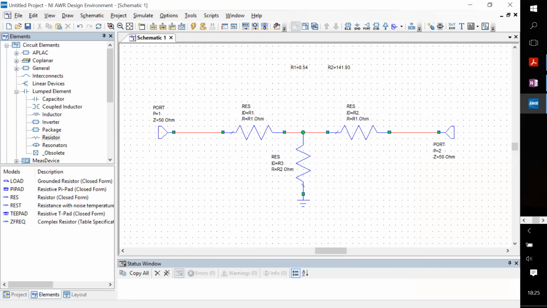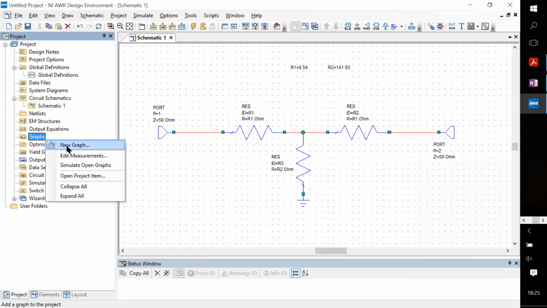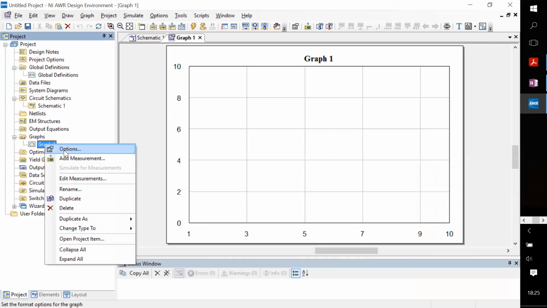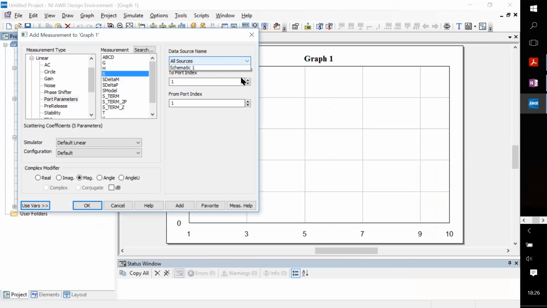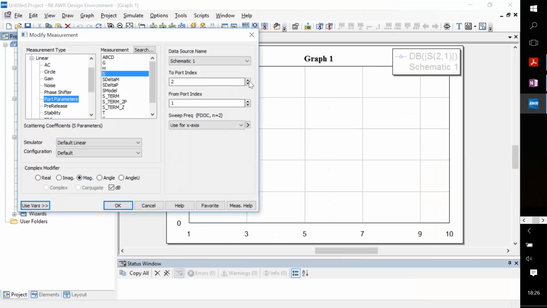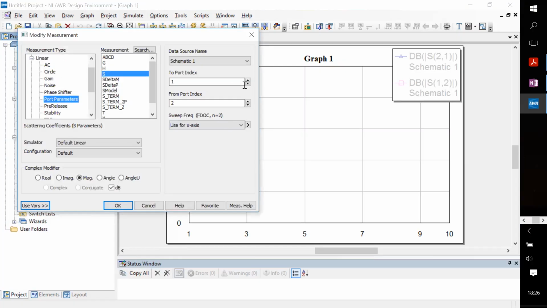Okay, and we'll first look at the transmission and reflection. So let's add all of the 4-port networks.